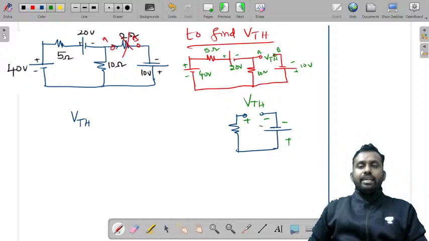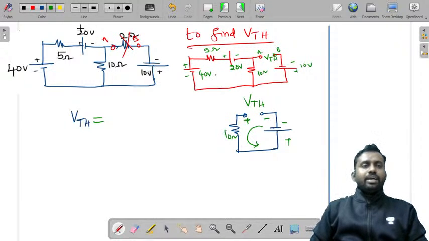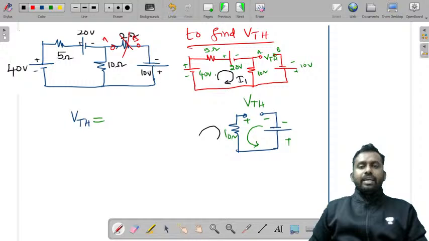If you consider a current in this direction, let us say, now this is the current direction. So VTH is equal to, in this 10 ohms you'll have some current. So let me consider a loop current in this. Let us consider that current as I1. So this current is I1 here, and you don't have any current in this.